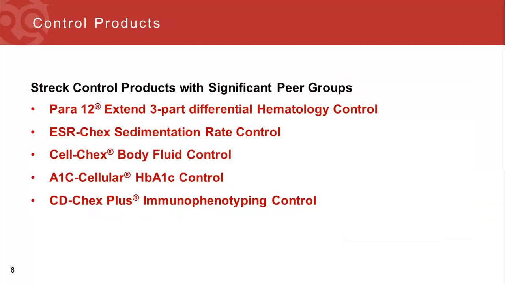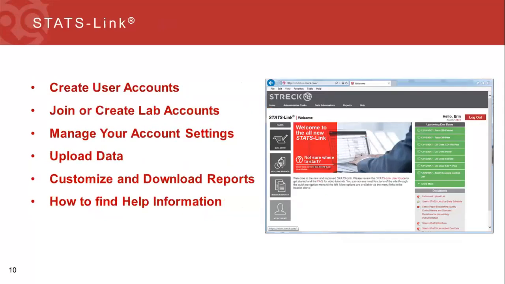As you all know, a big component of managing a clinical laboratory is having the ability to efficiently review and evaluate instrument performance. Participating in interlaboratory peer groups is a key component to ensuring satisfactory instrument performance and maintaining regulatory compliance. The Streck STATS-Link program is a fast, efficient system that will allow you to review instrument data real time and will give you a robust tool to troubleshoot instrument performance concerns.